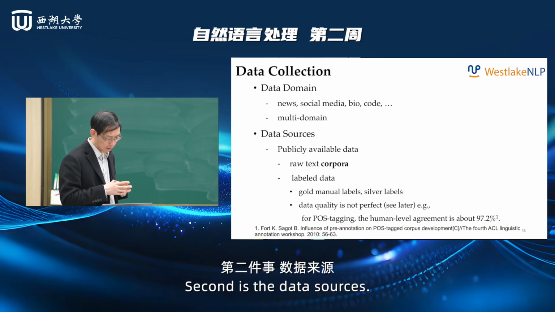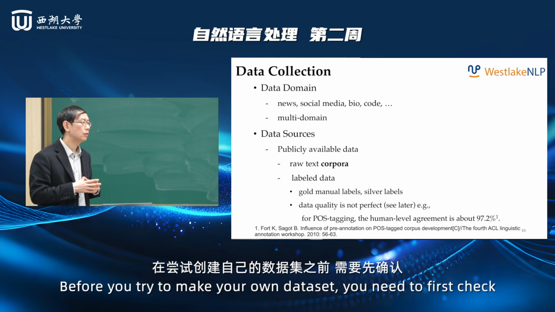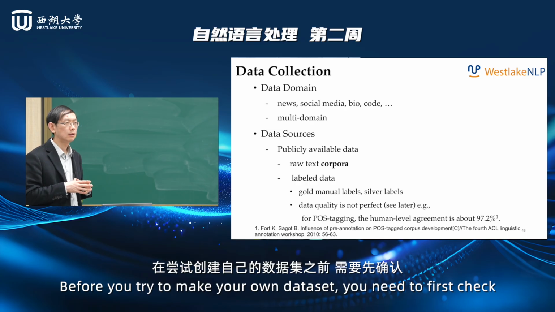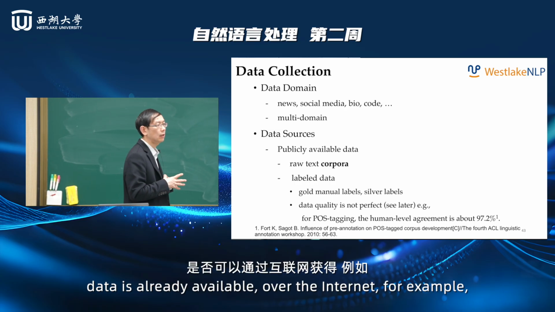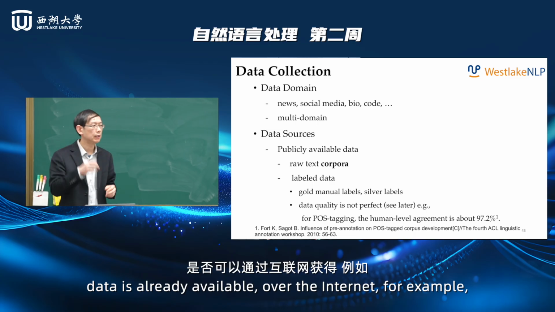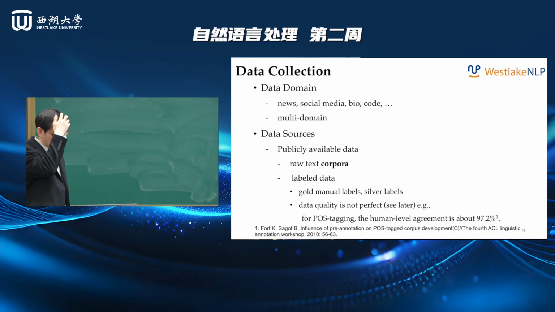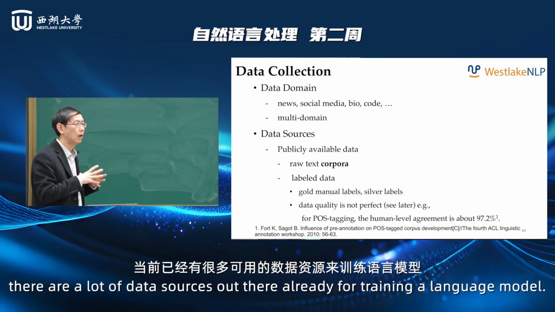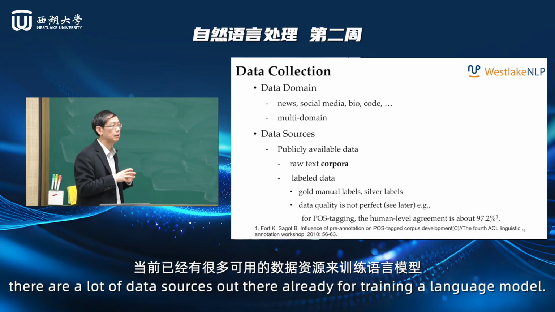Second, the data sources. Before you try to make your own data set, you need to first check whether the type of data is already available over the internet. For example, there are a lot of data sources out there already for training a language model.